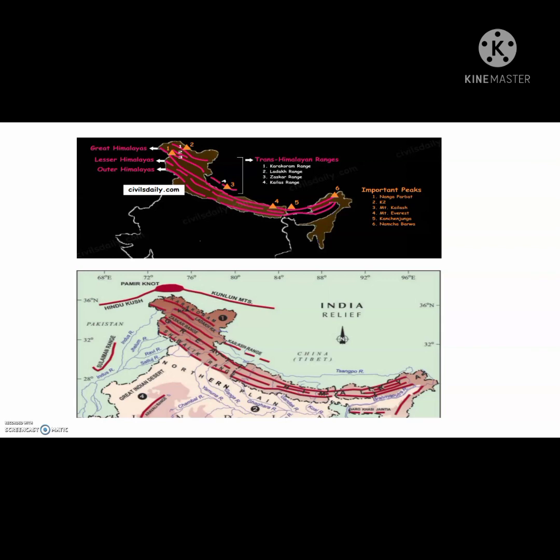The Himalayas stretch from Jammu Kashmir to Arunachal Pradesh. The length of the Himalayas is 2400 kilometers. The Himalayas form an arch. This looks like an arch. The area of the Himalayas spreads over 5 lakh square kilometers.